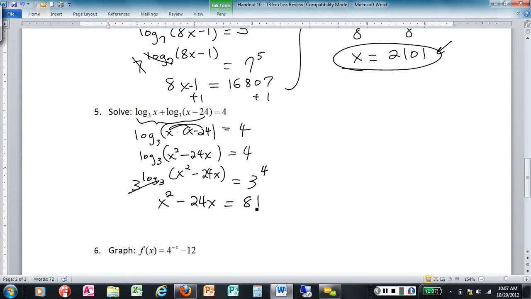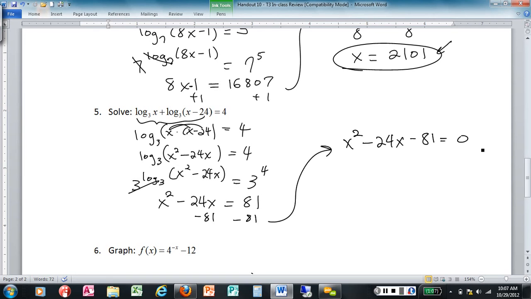Well, we might run into a quadratic equation, and one such as this, I would make one side 0 and factor, hopefully. Yeah, subtract the 81. And so I would have x squared minus 24x minus 81 equals 0.